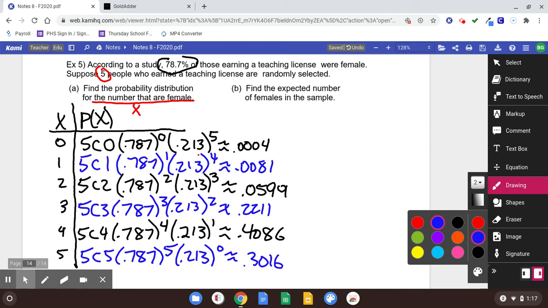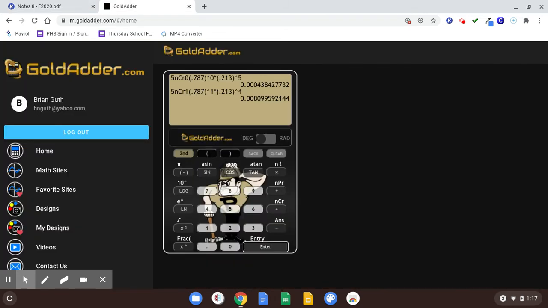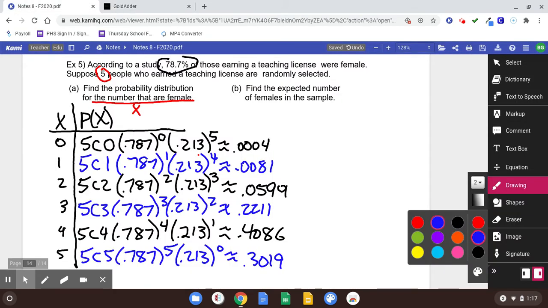Right there. Now, those numbers should add up to 1. If they don't add up to 1, it's going to be really, really close, and that's just because of rounding, because this isn't actually 0.0004, and this isn't actually 0.0081. It's rounded off. So if you're not equal to 1, it should be really, really close, and it's off just because of rounding.